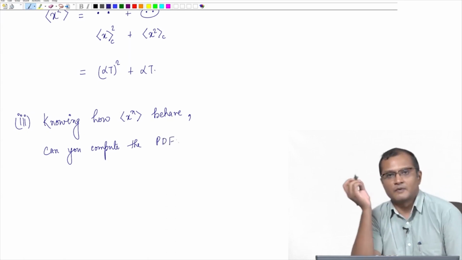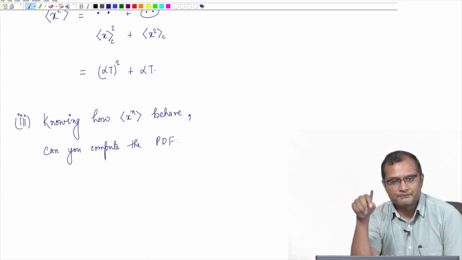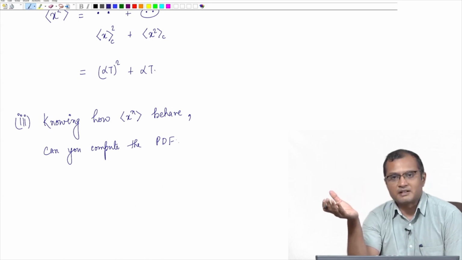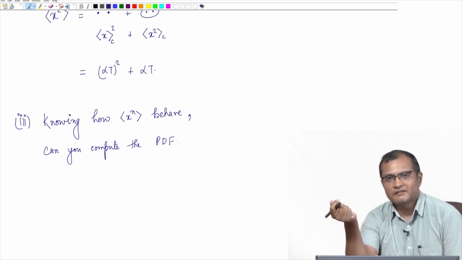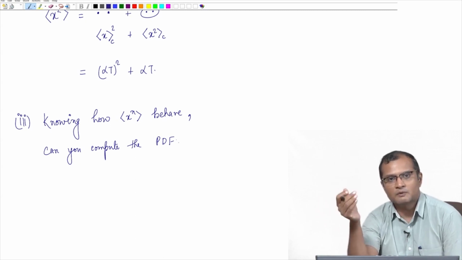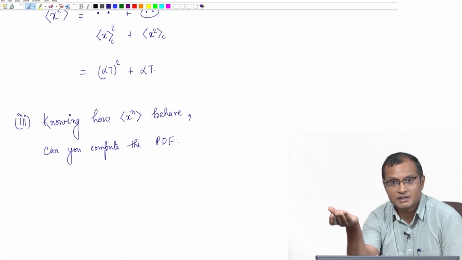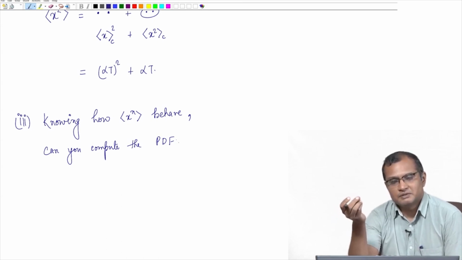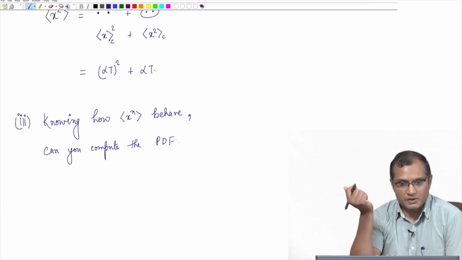Okay. So, this is like going in the reverse direction. We have always taken a PDF and computed averages. This time we are reversing the problem, that I know how averages of a random variable are behaving. Can you give me the PDF in which the variable is distributed?